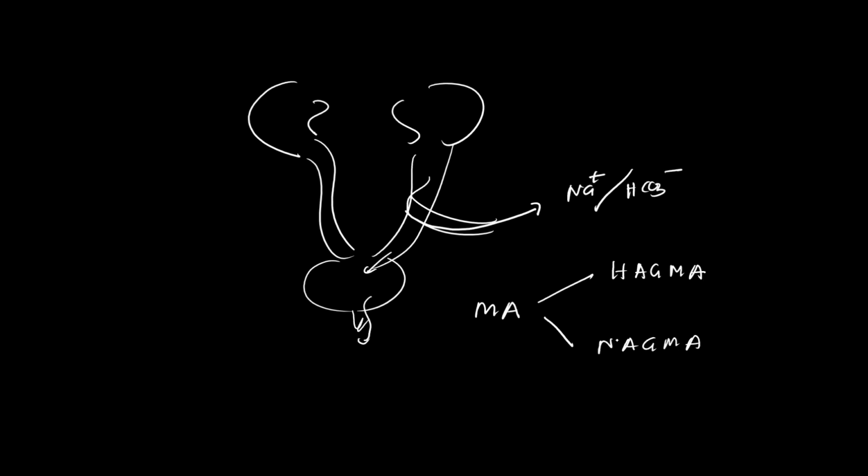Here you see excessive loss of bicarbonate along with sodium, so there will be a normal anion gap metabolic acidosis, that is NAGMA. There is also something you need to know: chloride retention happens with this.